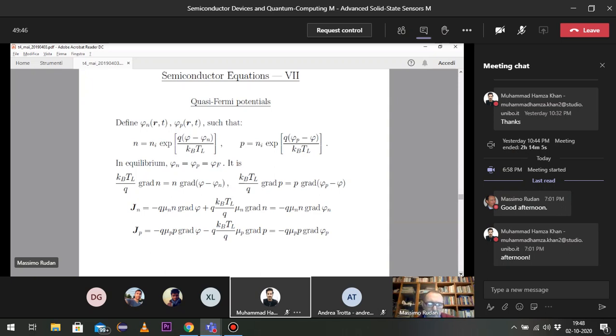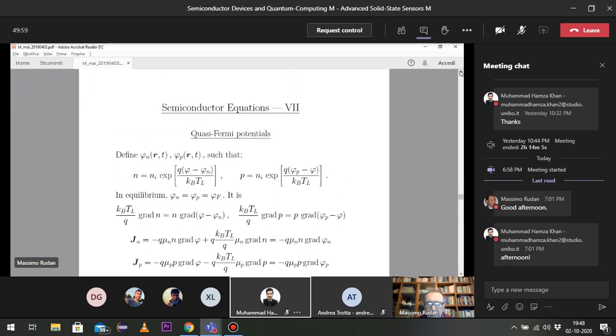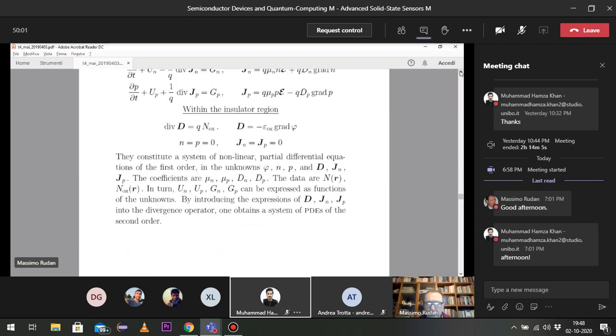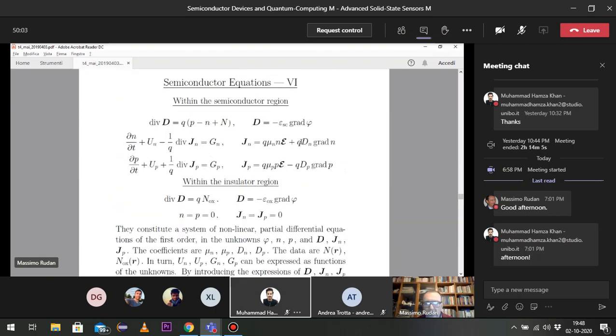Now we simply replace this expression of the gradient of n into the drift diffusion equation, okay? Before that, what we can do is consider the drift diffusion equation for the electrons.